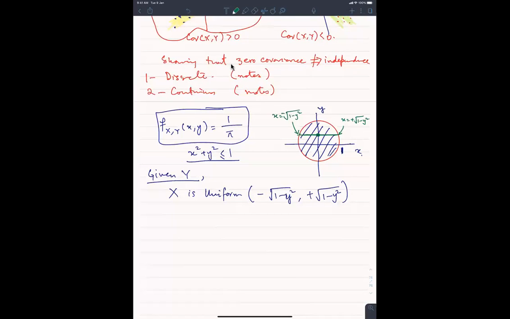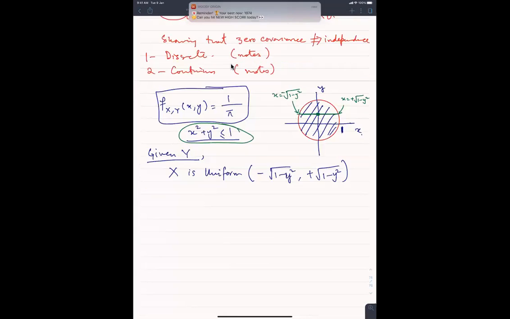Why? Because सर्कल के ऊपर x square plus y square is equal to 1. सर्कल की एक्सप्रेशन ही है, x square plus y square would be equal to 1. ठीक है. So x is uniform between these two.